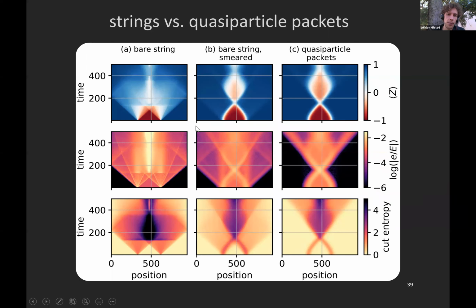I should say at first, there are errors that occur in the simulation in column A. I used the same numerical parameters as I did in the other simulations, and it just wasn't enough to successfully simulate the dynamics on the left past time 150 roughly. So this non-causal, weird line is where the simulation breaks down on the left.